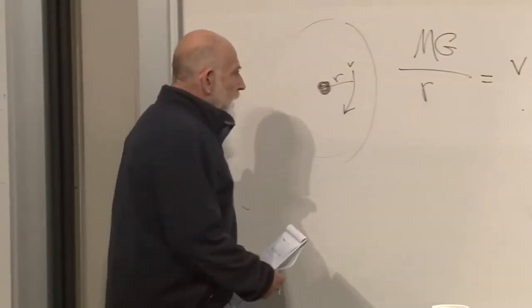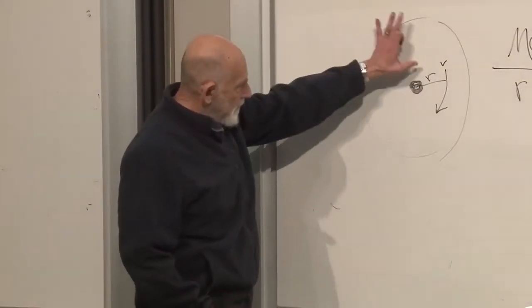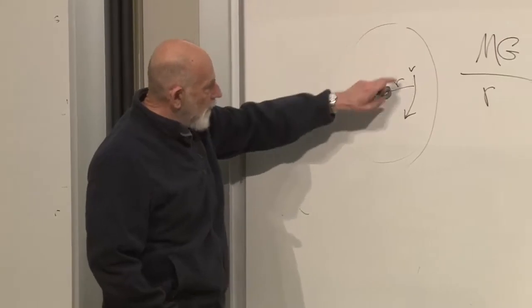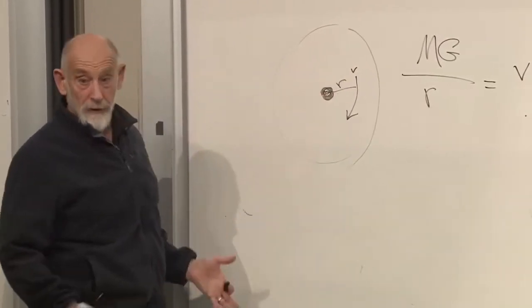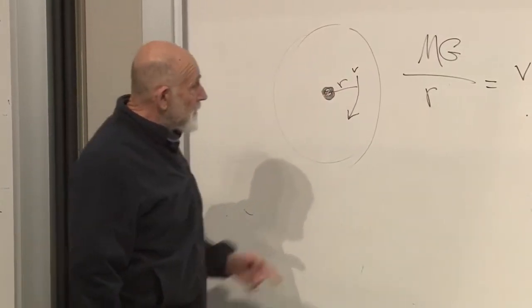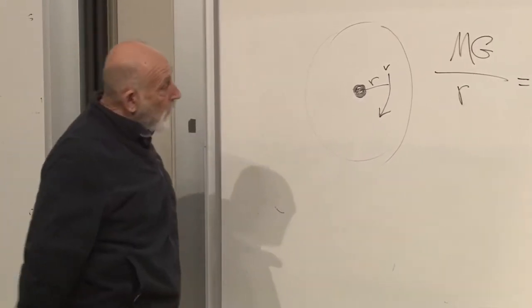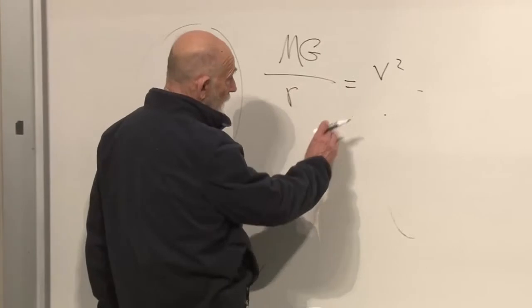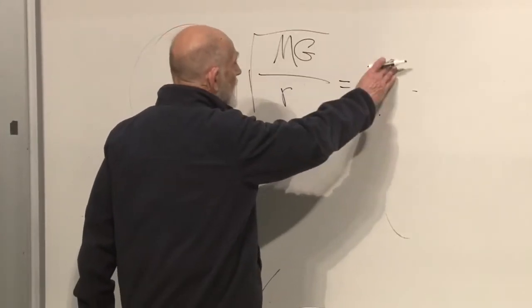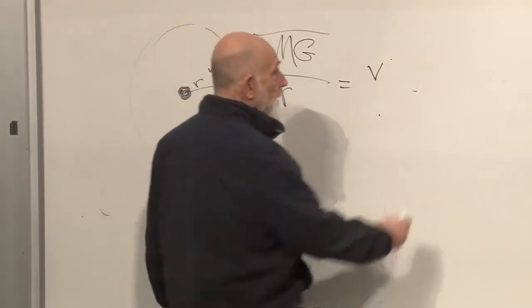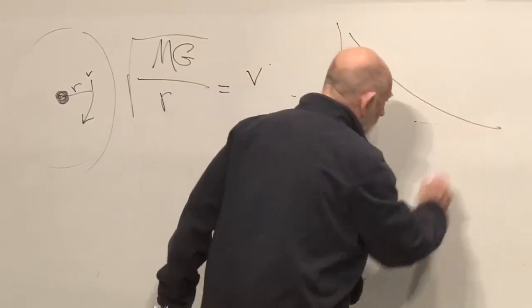It tells you how the velocity of planets varies as a function of the radius from the sun. Same law here. And in particular, it says that the velocity falls off like 1 over the square root of r. Velocity falls like 1 over the square root of r as you move away.